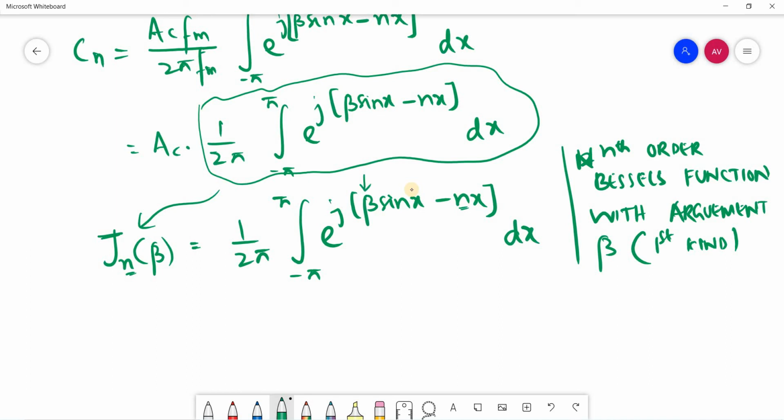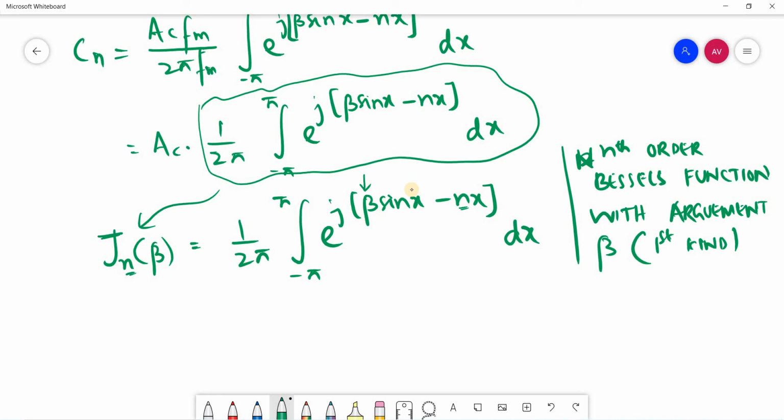So beta sin x minus nx is the argument of the complex exponential. Inside that, the order is the coefficient of x, and the argument is the coefficient of sin x. So this is an nth order Bessel's function.